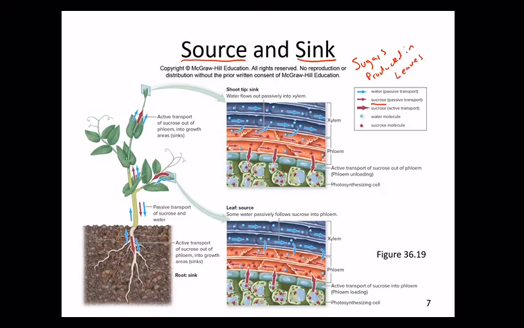Because of photosynthesis. So in this case, we could say that the source of the carbohydrates will be the leaves. And so that's what we're showing right here, is that that's the source. The carbohydrates, the sucrose, is being produced there and is being actively transported into the phloem to be able to direct the movement.